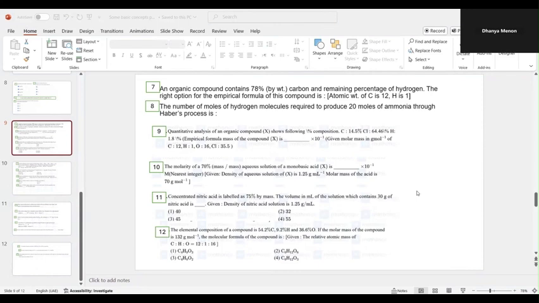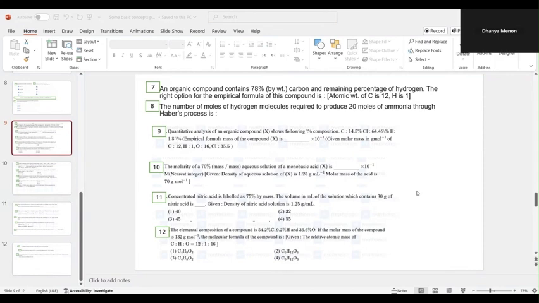Okay, concentrated nitric acid is labeled 75% by mass, mass by mass or weight by weight. Okay, the volume in milliliters of the solution which contains 30 gram of nitric acid, and the density of the solution is mentioned, rho 1.25 grams per ml.